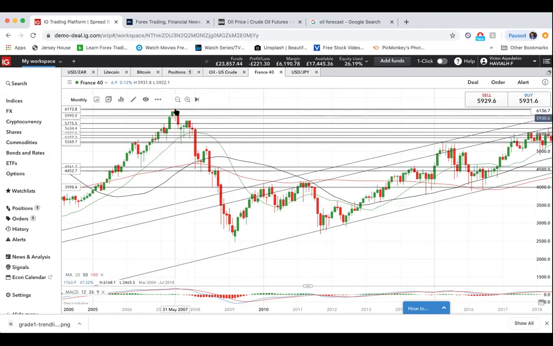But notice that the price didn't just drop from 6,17 straight down to 2,500. What happened was price dropped from this level to this level, and then it retraced, pulled back a little bit, and then fell again. Remember, I called this a correction or pullback. Price plateaued here, so the reversal happened here.